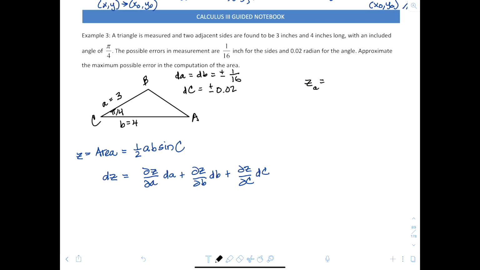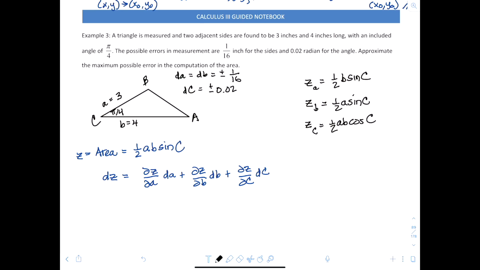Good, it would just be 1/2 B sine C. Z_B is going to be 1/2 A sine C, and Z_C is going to be 1/2 A times B times cosine C.